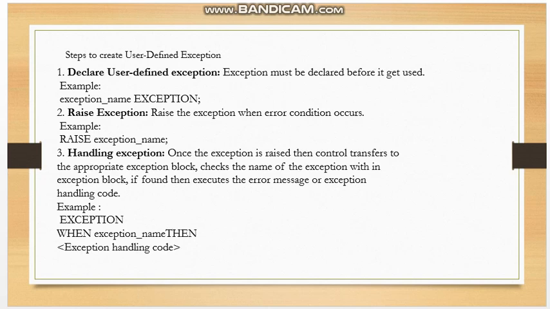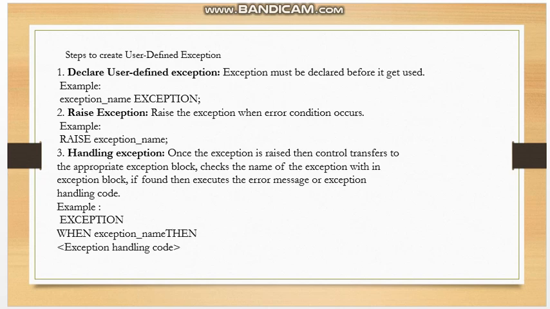The third step is handling the exception. Once the exception is raised, the control transfers to the appropriate exception block. It checks the name of the exception within the exception block. If it finds it, then it executes the error message or exception handling code. For example, if we have an exception negative number and we raise it, who is responsible for handling it?